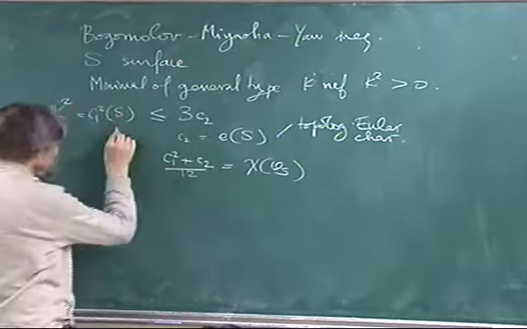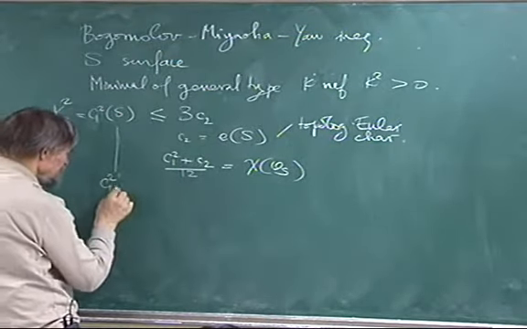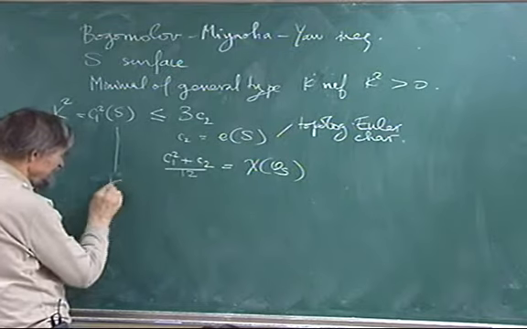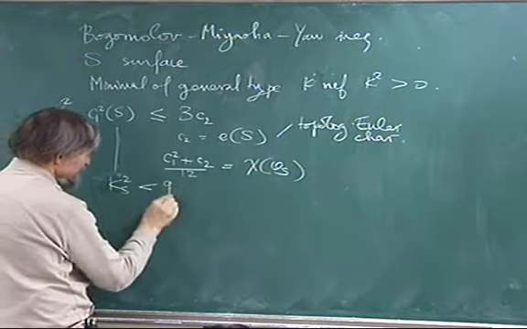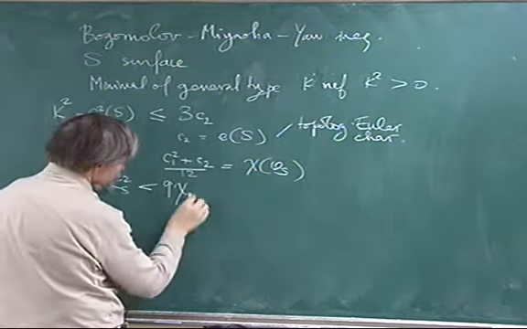So the same inequality says that C1 squared, K squared, is less than 9 chi OS.